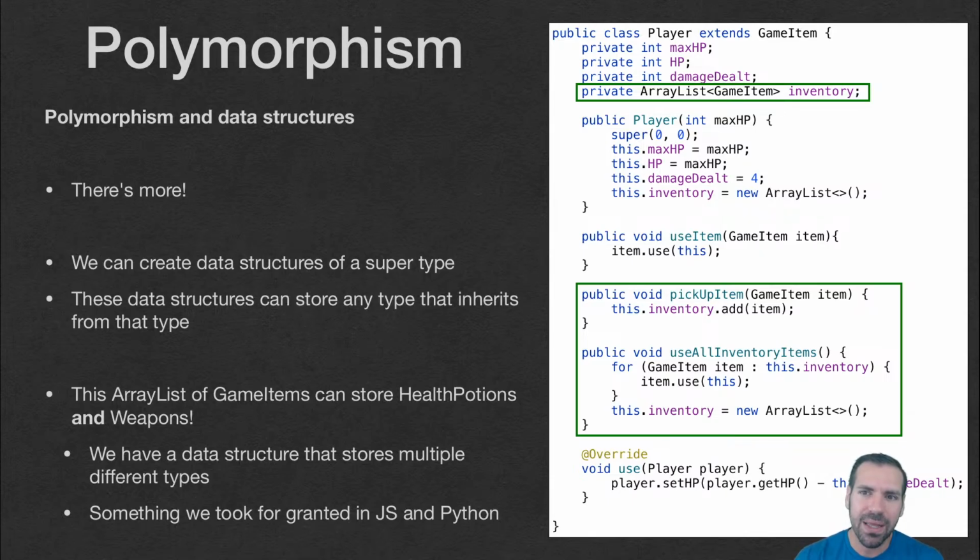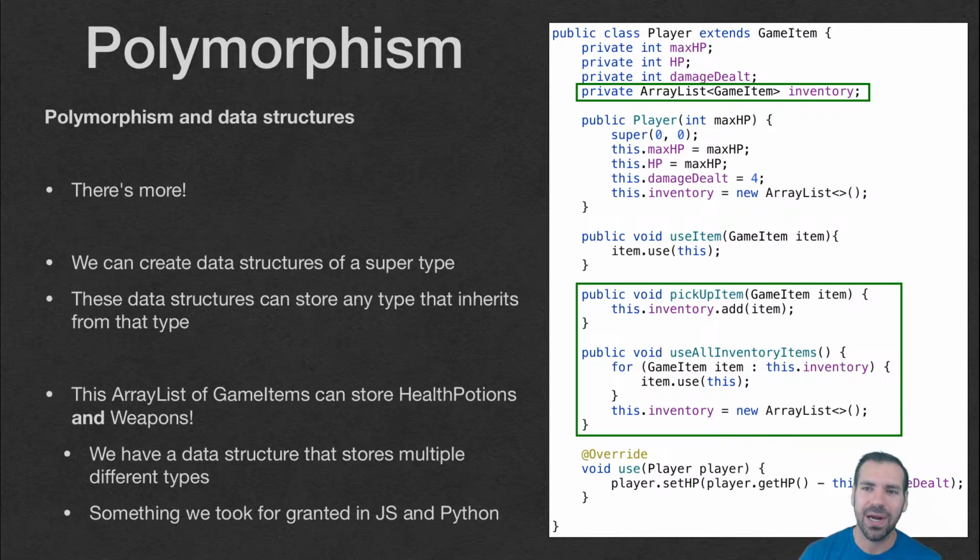If I have an array list, say I want to build this inventory system. I have my pickup item that's going to take a game item. Cool, we just talked about that. But what do I do with that game item once I have it? Well, we can use polymorphism with our data structures too. So if I want an array list that stores both potions, health potions, and weapons, instead of having two array lists for my inventory, which would be painful, if you have 100 different game item types, you'd have 100 different array lists for all of your inventory.